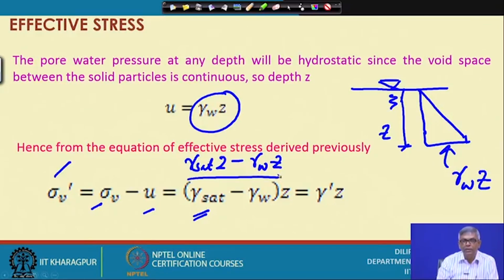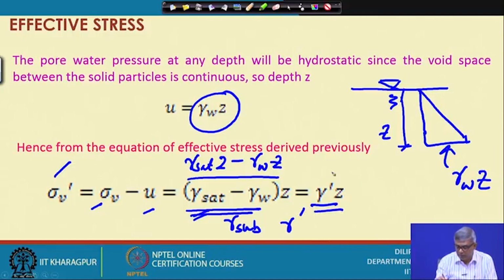If I take z out, it is gamma sat minus gamma w, and for this we use a different term, called gamma submerged, or sometimes gamma buoyant, or gamma sub, and sometimes gamma dash is also used. So it is gamma dash into z, the submerged unit weight into z, where gamma submerged is gamma saturated minus gamma w. This is the principle generally used for finding the stress because of self weight.